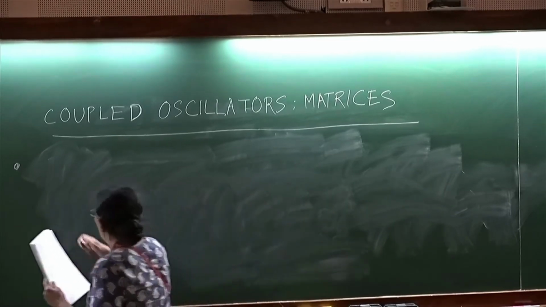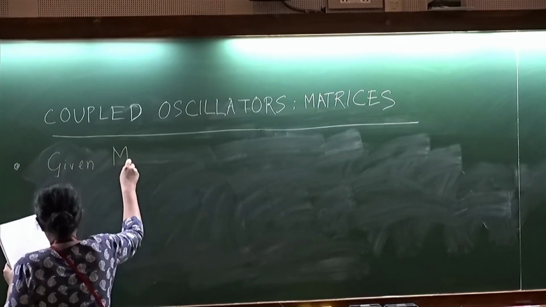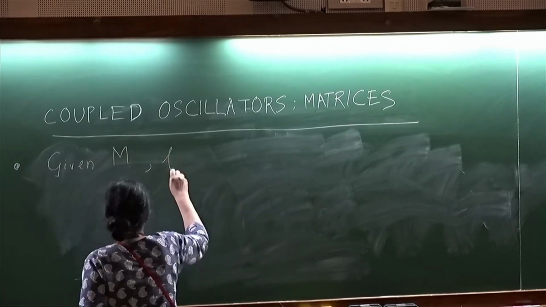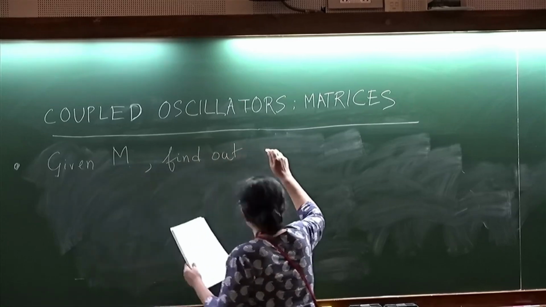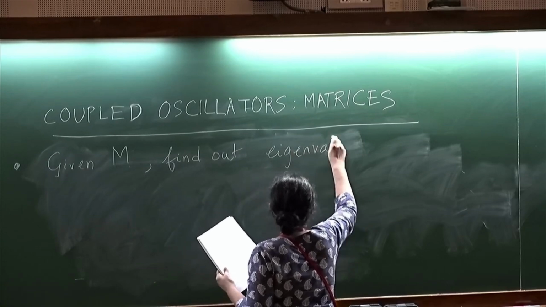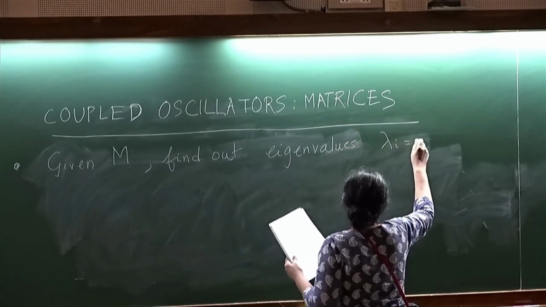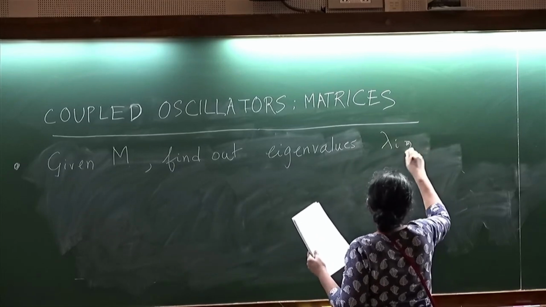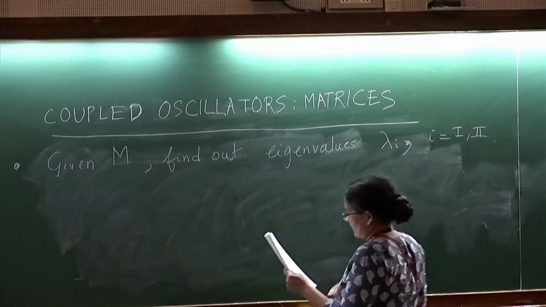Given M, find out the eigenvalues the way we did already, lambda i with i equals 1 and 2 possibilities.